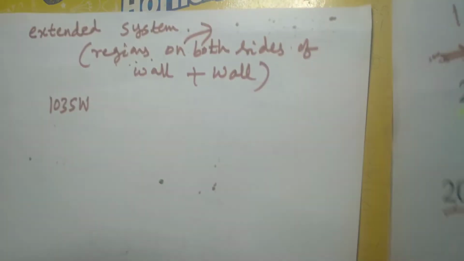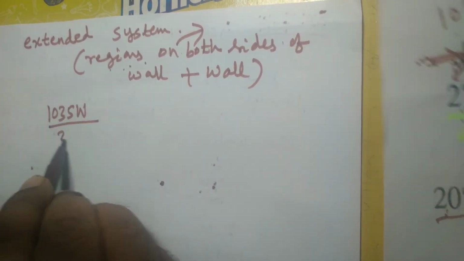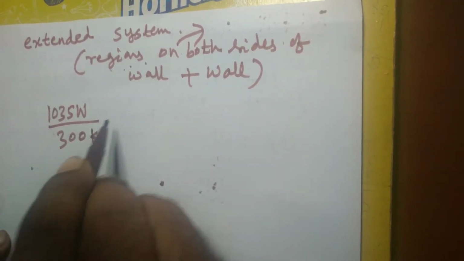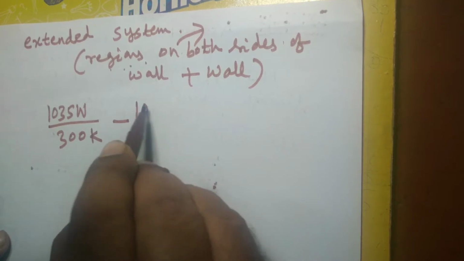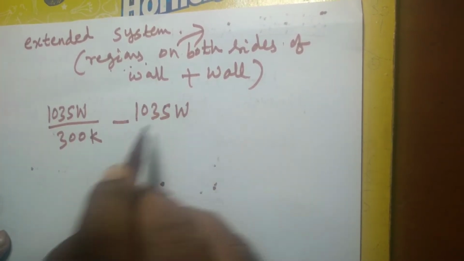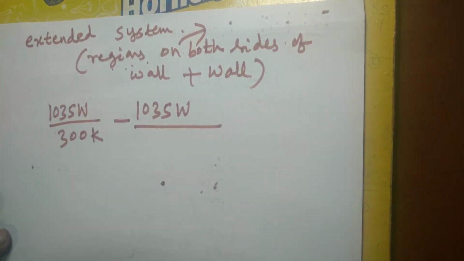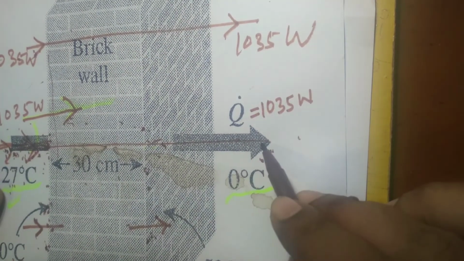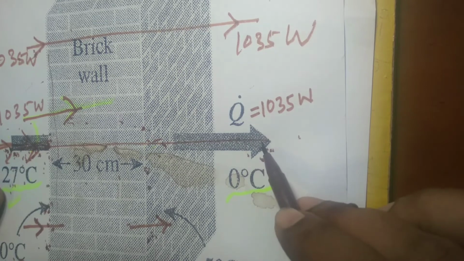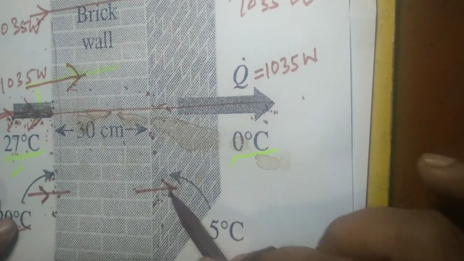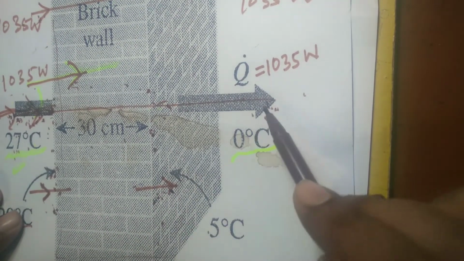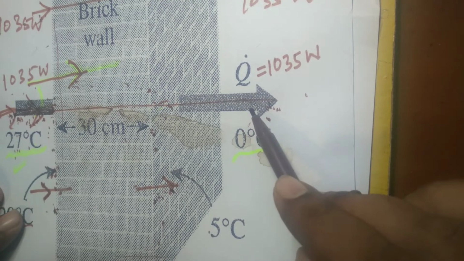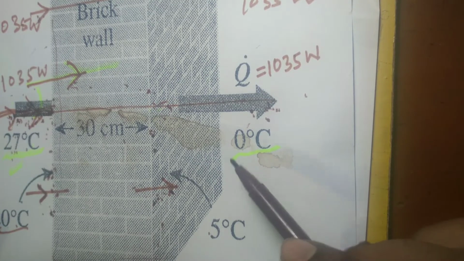So our equation will be 1035 watt divided by 300 Kelvin, minus 1035 watt divided by, and this temperature at the other extreme, that is outside temperature, is 0 degrees Celsius. This is not the wall temperature. The other side of the wall is at 5 degrees Celsius, but this is the surrounding, and this temperature will remain constant throughout the process.